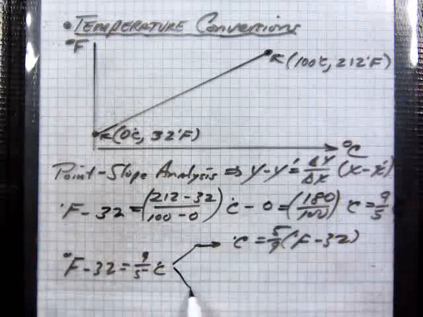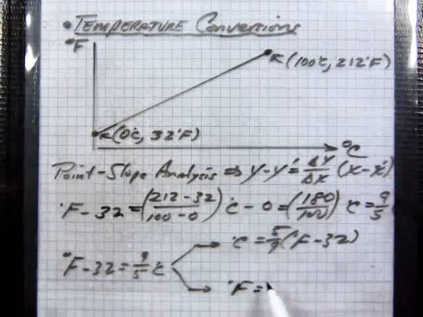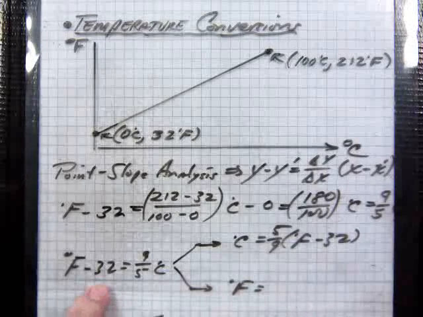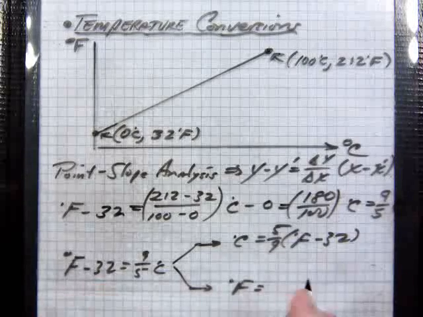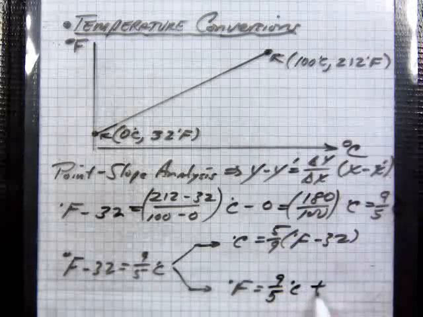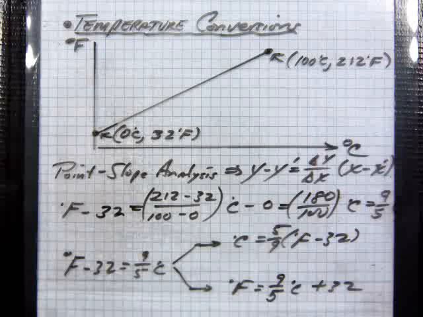Or if I solve for degrees Fahrenheit, then I would add 32 to both sides, and that would give 9 over 5 degrees C plus 32. And so you see, it's a pretty straightforward derivation. Now, you won't have to do that on exam day, but you will have to make conversions. And some of the calculators already do that for you. But anyway.